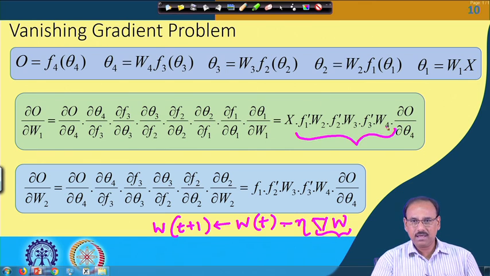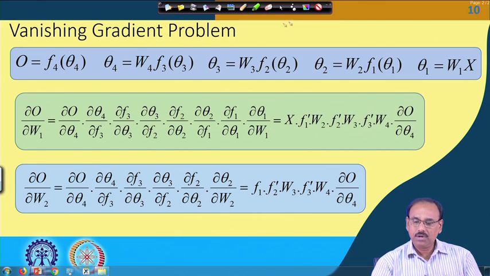As a result, the training becomes more or less ineffective, or there is no updation of the weights. And here we have shown these two expressions just to emphasize that as we move towards the earlier layers, the problem becomes more and more prominent. And this is your vanishing gradient problem.